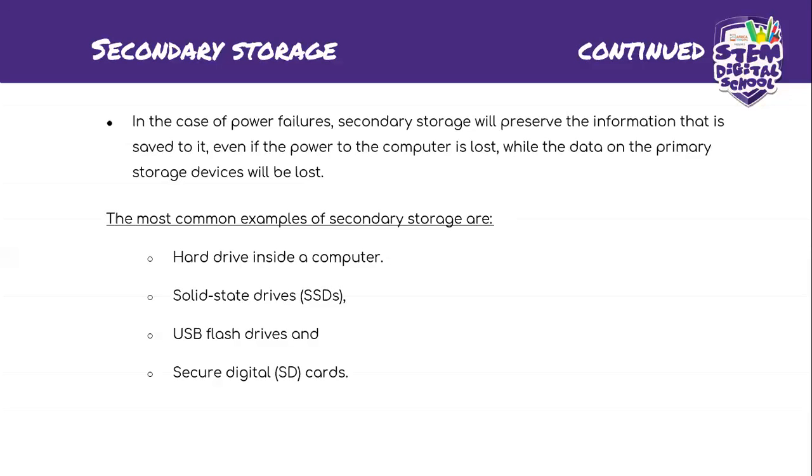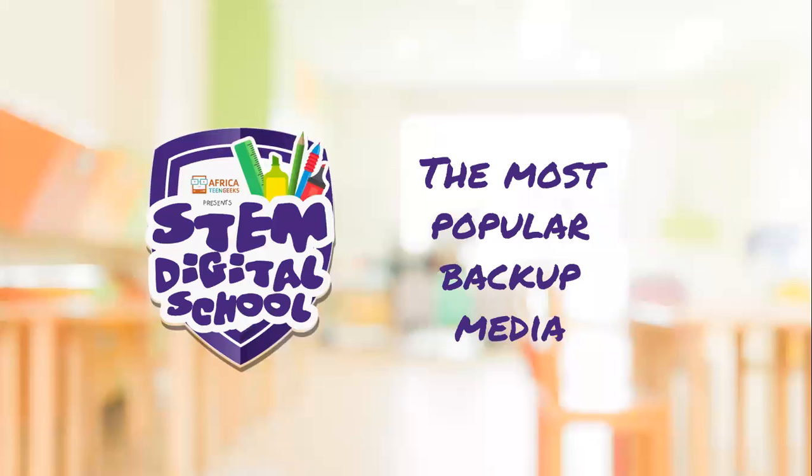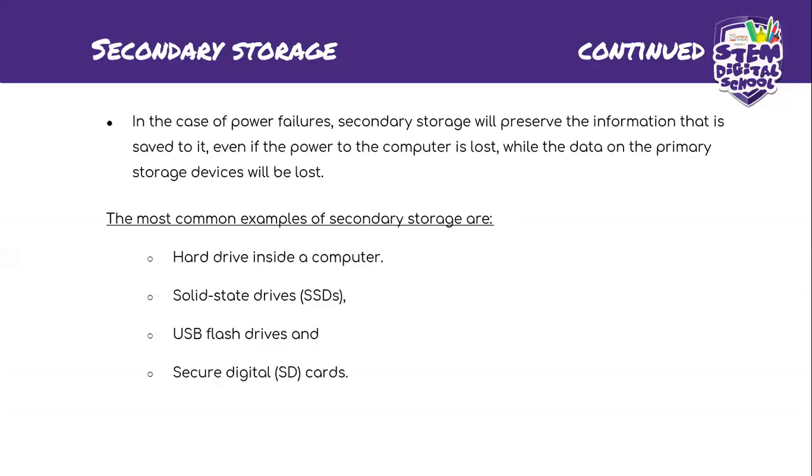The second one is solid state drives. Third, USB flash drives and secure digital cards, the SD cards. These are examples of secondary storage.